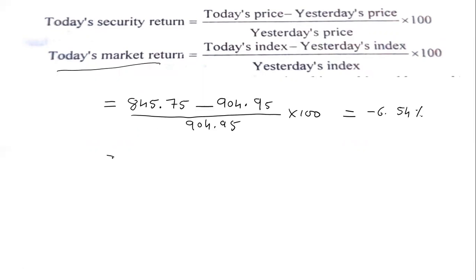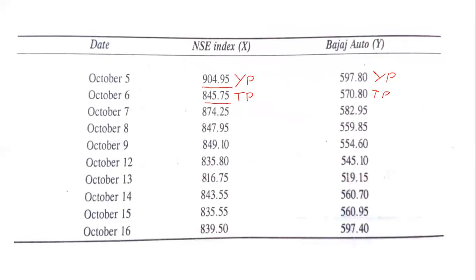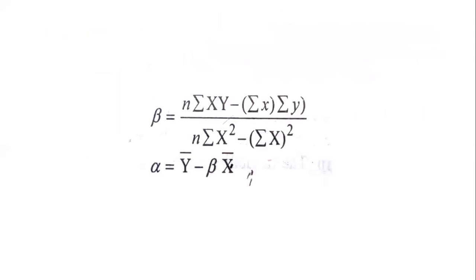If we calculate it for the second day, I will go back. Here October 7 will become today's price, and October 6 will become yesterday's price. The same thing happens to stock also.